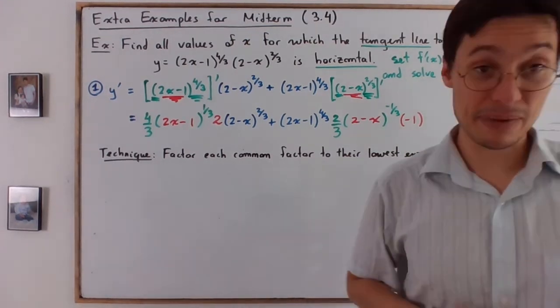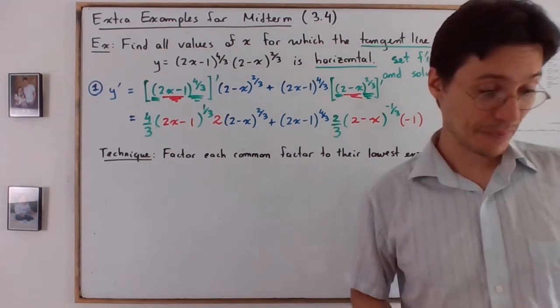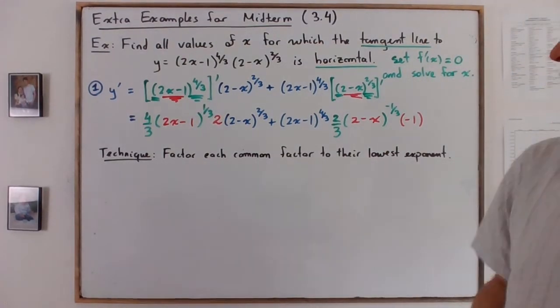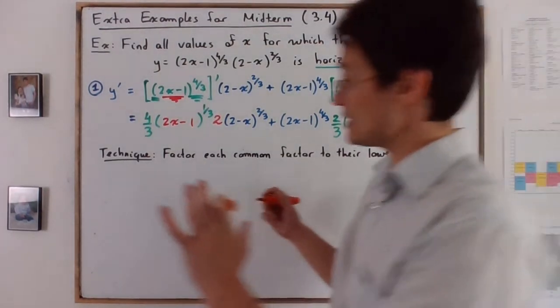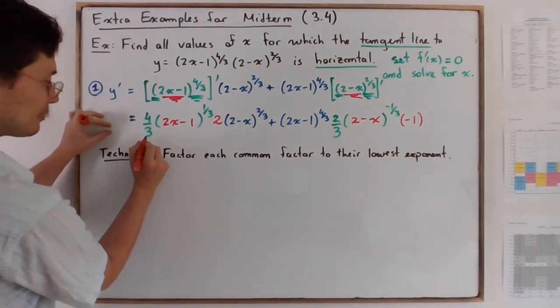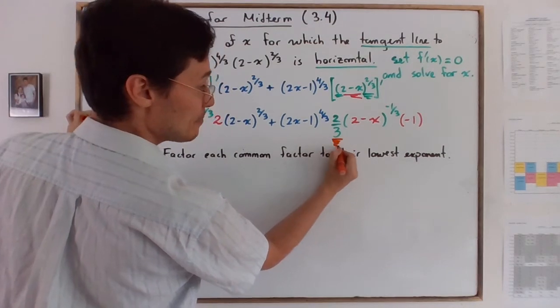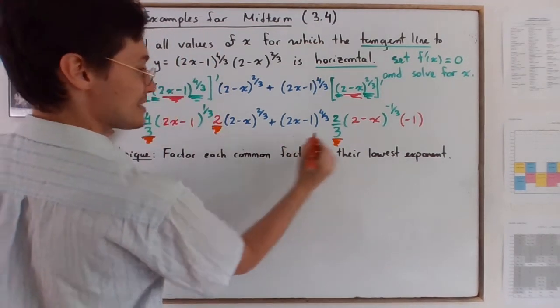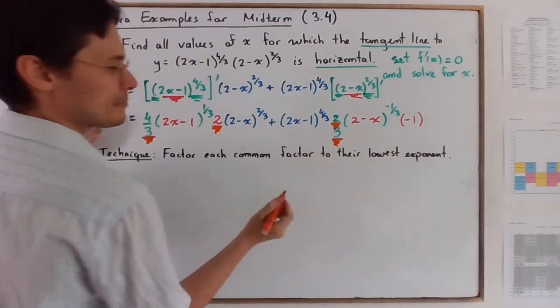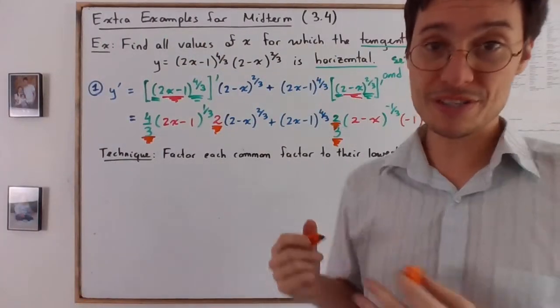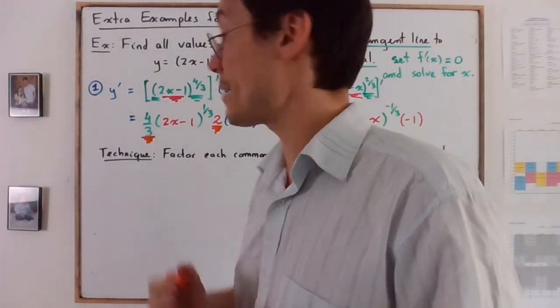So what do I mean by this? First of all, the numbers. Let's factor out the numbers. We can factor out a 3 here, because it's common here and here, but we can also factor the 2 that's here. That's common here and here. So in other words, 2/3 is a common factor.